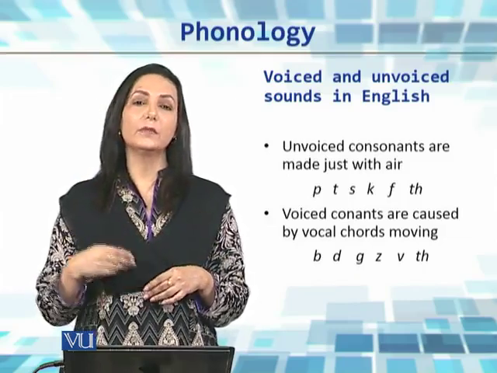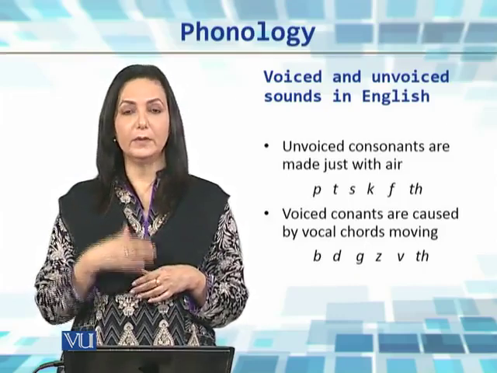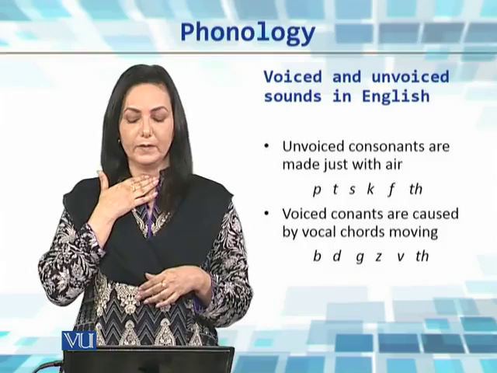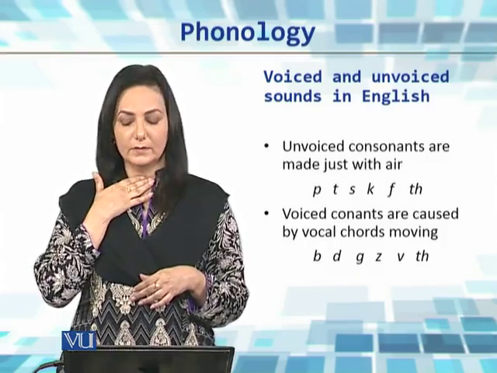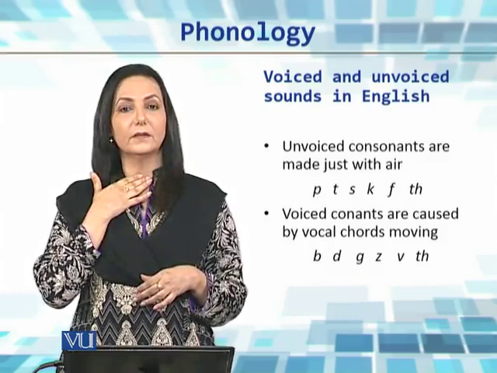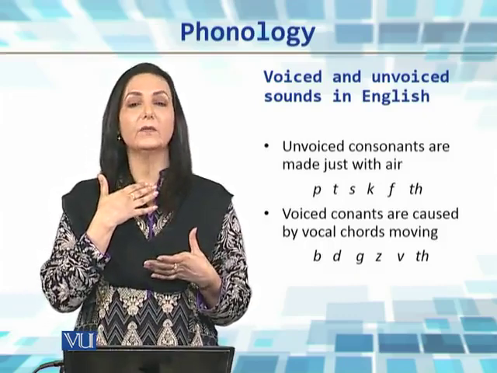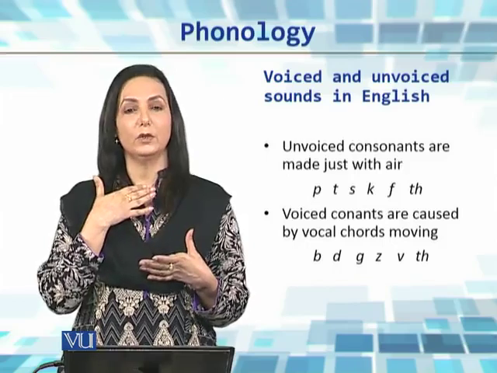But when you pronounce the voiced consonants, for example, b, d, g, z, v, you will feel this vibration in the vocal cords if you place your hand on the hollow on your neck.